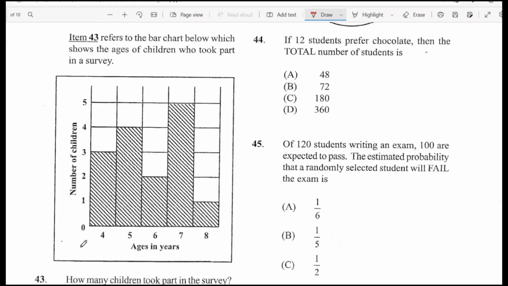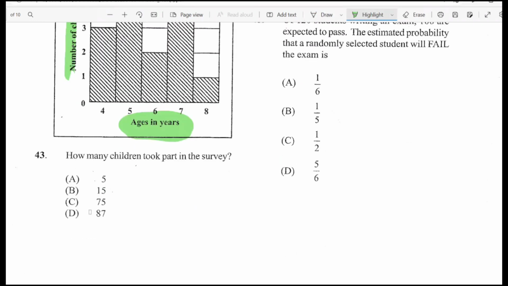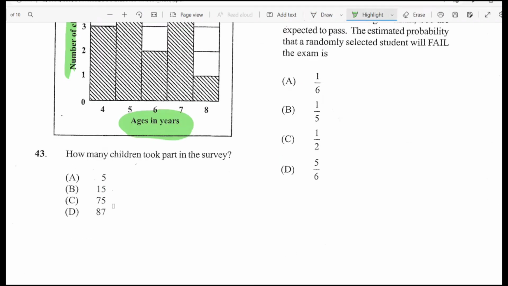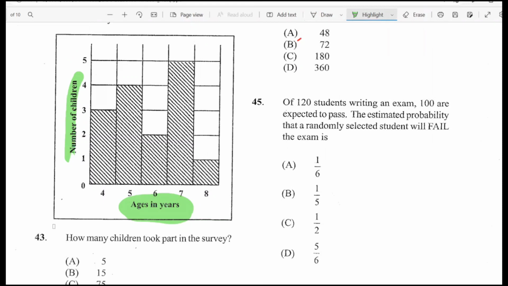So if you observe the axis carefully, the number of children is on the y-axis, the ages on the x-axis. All right. So we're seeing that number of children over there, the ages. So question, how many children took part in the survey? We could look. Number of children, see them here?